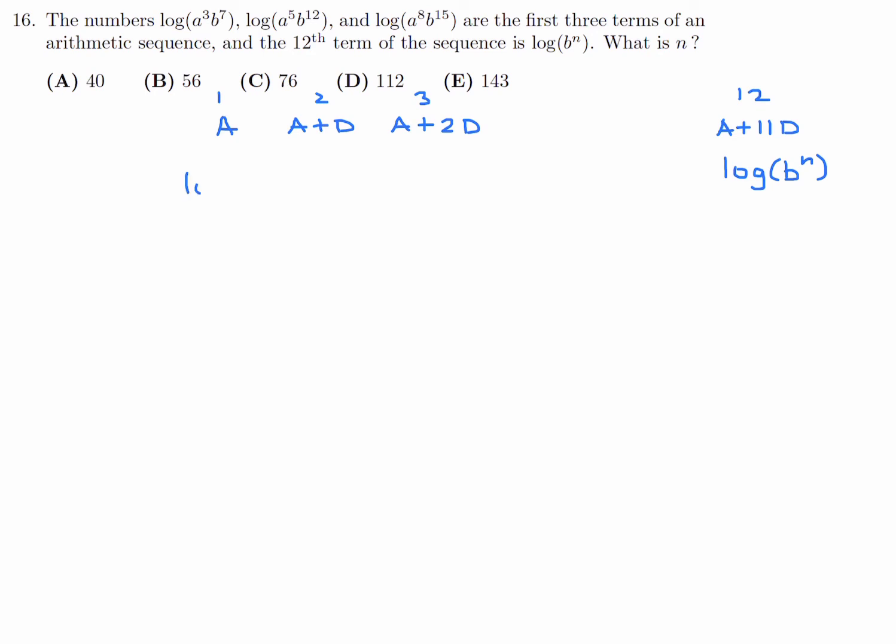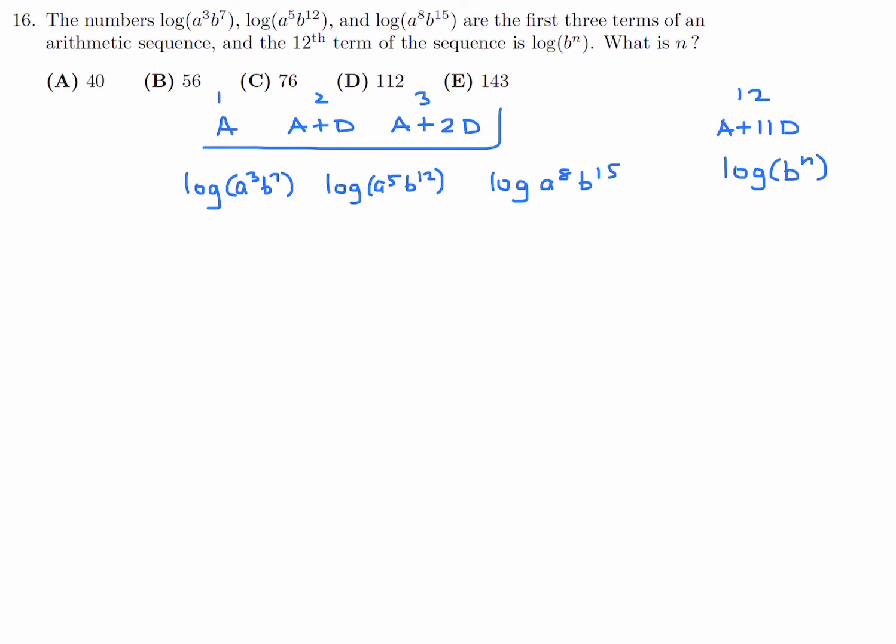The first term is log of a^3 b^7. The second term is log of a^5 b^12. And the third term is log of a^8 b^15. All right, so how do we proceed here?